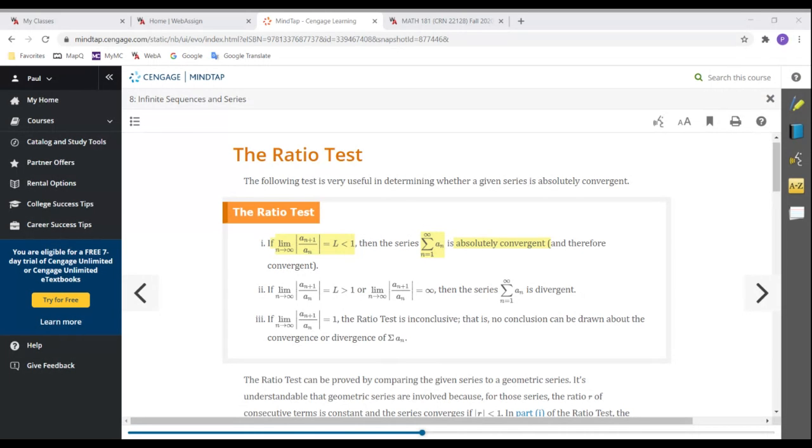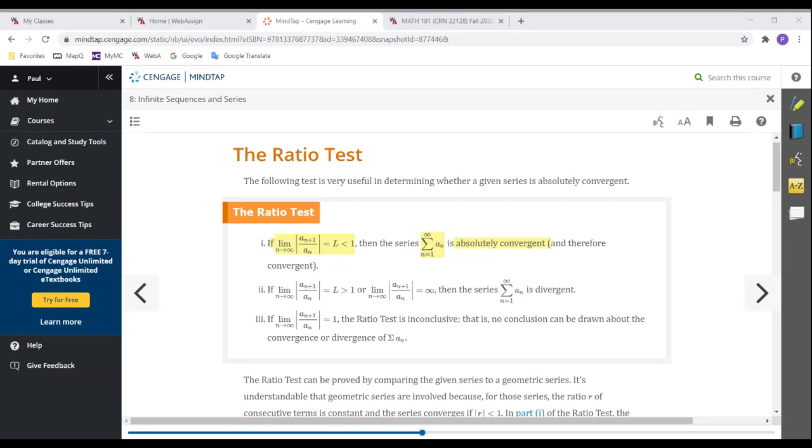Now, when we say ratio equals L less than 1 in part 1 there, what is this? What is ratio less than 1? What does this remind you of?